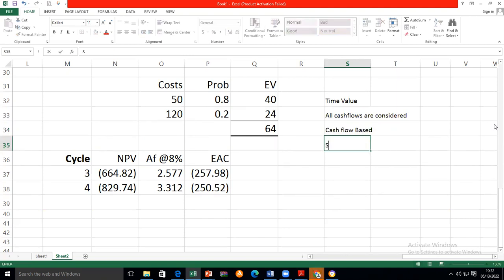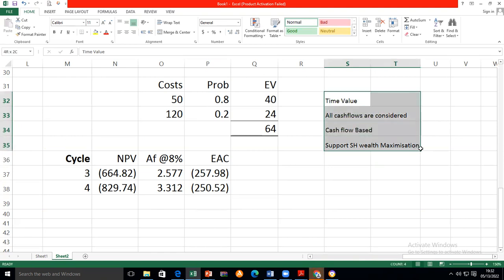And they support shareholders' wealth maximization. So these are the points that you need to use to say why discounted cash flow methods are actually better. They take into account the time value of money. They don't leave out any cash flows. They are also cash flow based, unlike accounting profits, which will be affected by the choice of policy. And these methods ensure that the wealth of the shareholders is maximized.